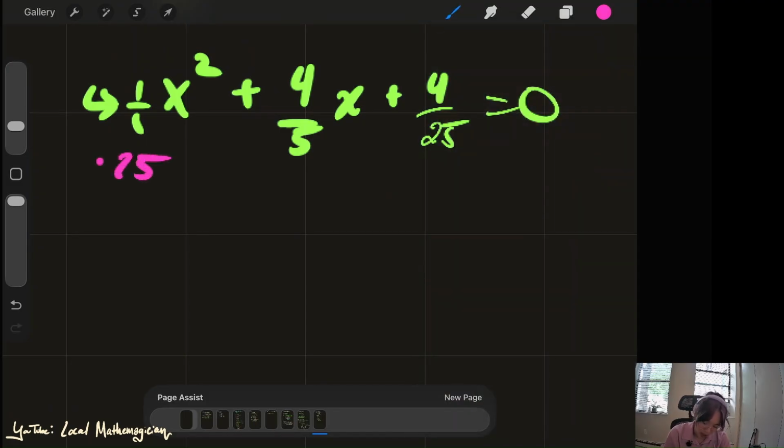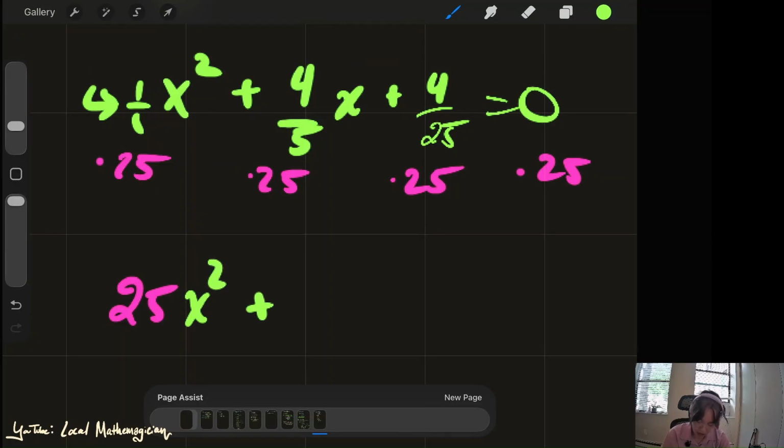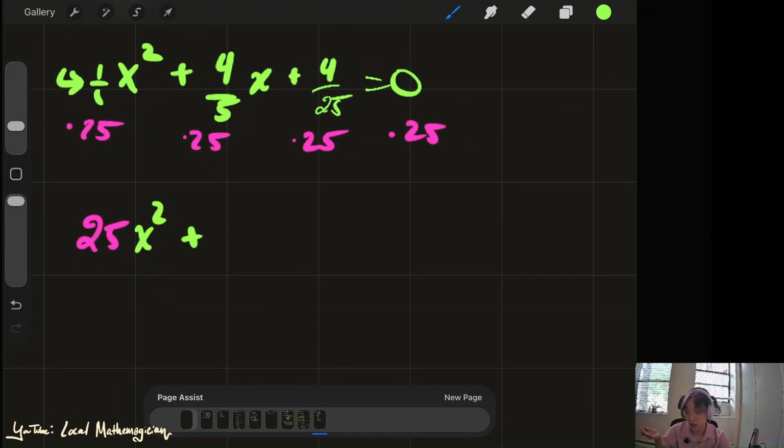Multiply this by 25, and this by 25, and this by 25, and 0 by 25, and you get 1 times 25 is 25x squared, plus 4/5 times 25 is 20x, plus 4/25 times 25 is just going to be 4, is equal to 0.